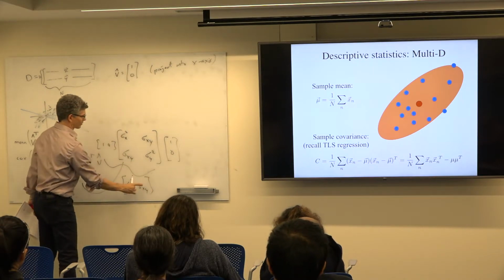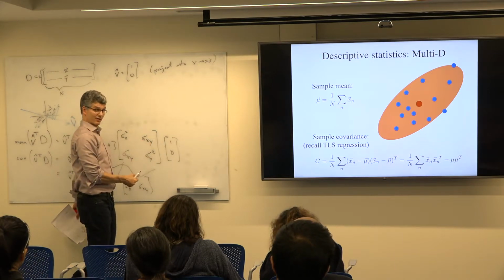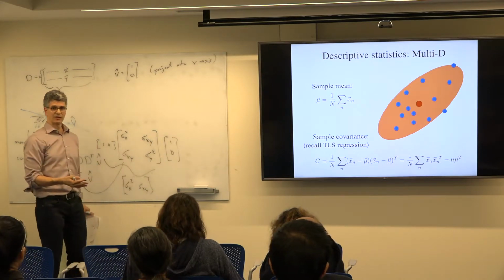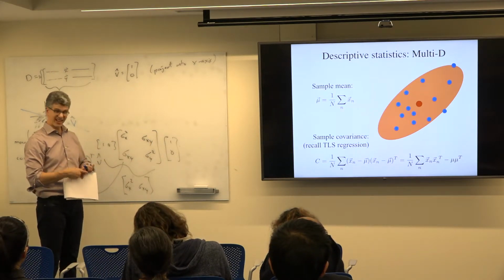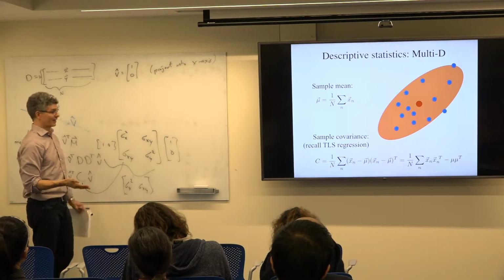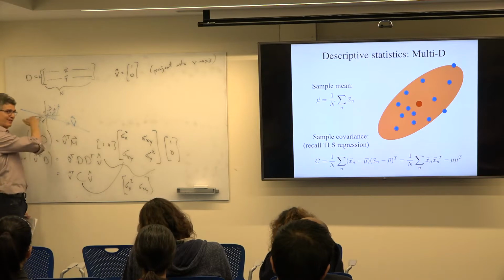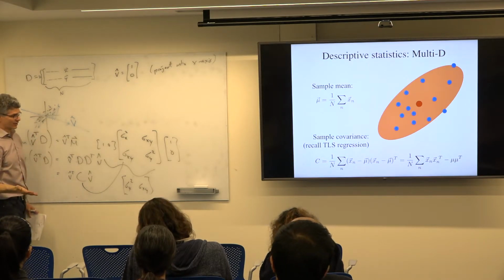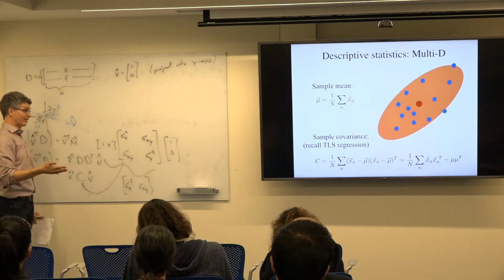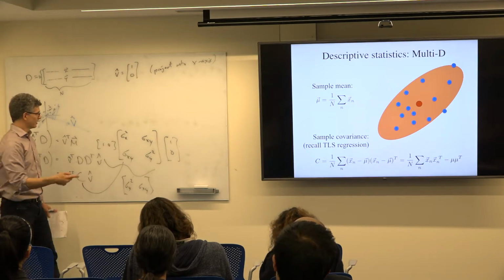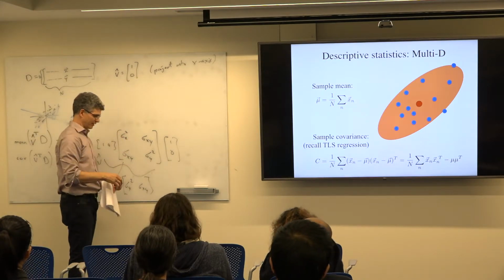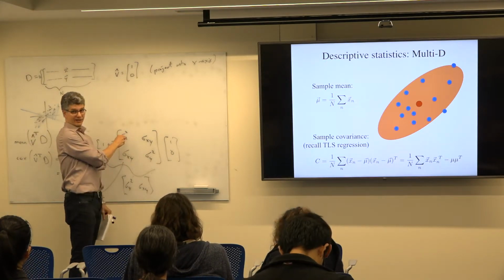And now I take a dot product of that with the 1, 0 on the other side, and I get the sigma x squared. Okay, good. Everything actually makes perfect sense, right? If I ask what happens if I project my data onto the x-axis, I'm just taking the horizontal component, and what I should get out is the variance of the horizontal component, and that's contained in this matrix right here. So this thing is just the variance of the horizontal component.